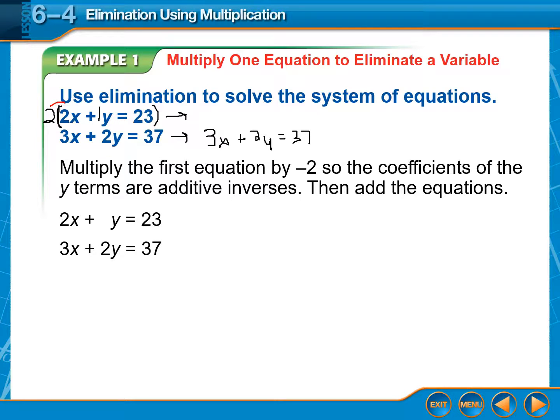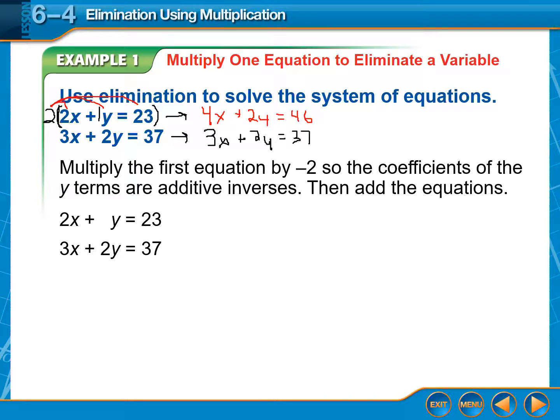We're going to multiply 2 times 2x, 2 times y, and 2 times 23. So 2 times 2x is 4x. 2 times 1y is 2y. And 2 times 23 would get me 46.